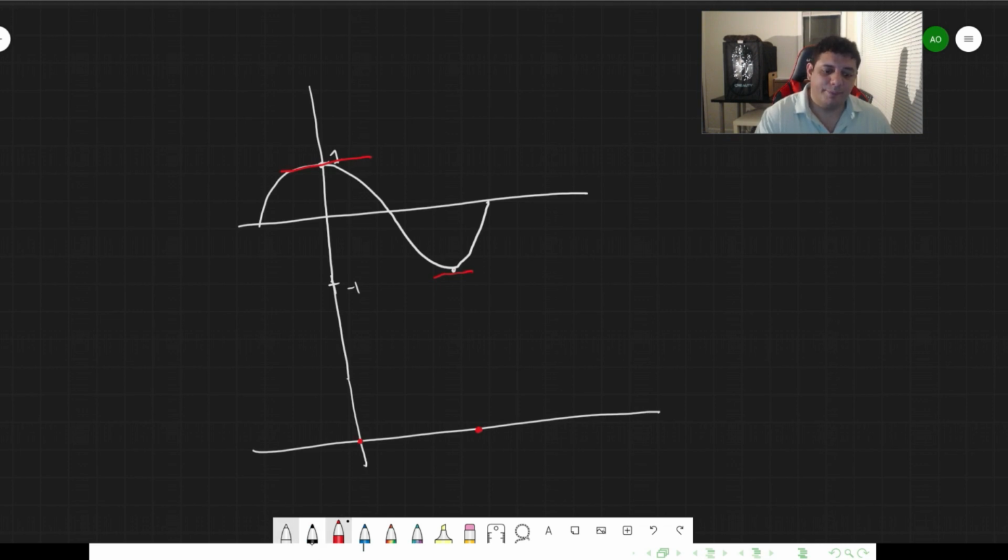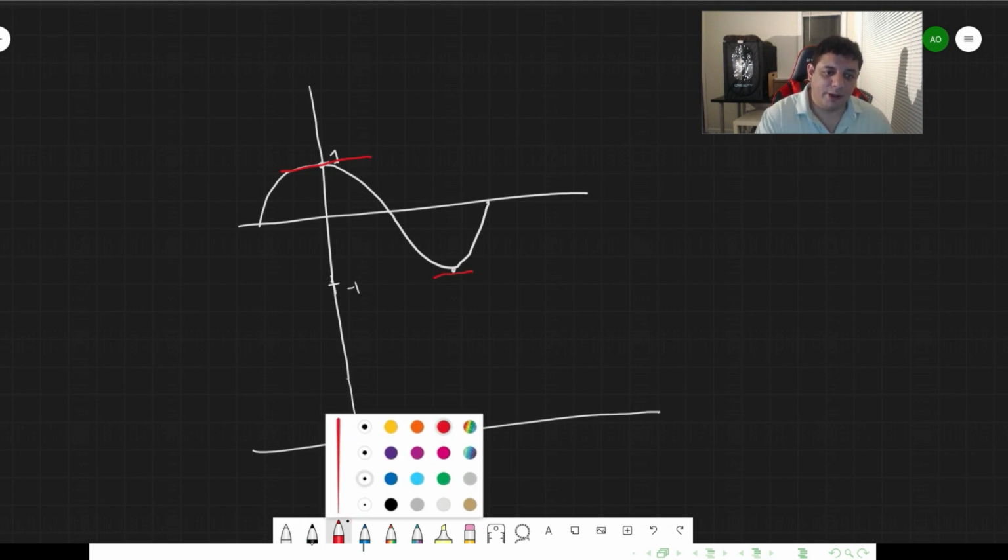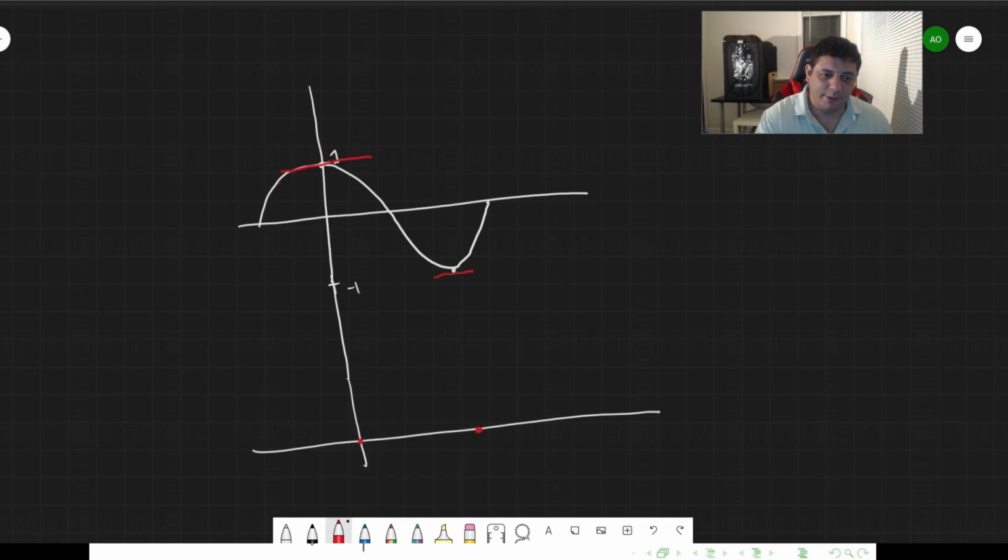And now if I'm talking about this place, notice that if I take a point here, the slope is positive, so that means in this part the slope is positive. So the function is doing something over here like this. It's in the positive. Then it reaches 0.